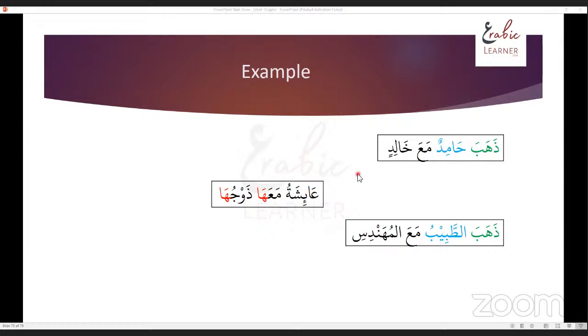Aishatu Ma'aha Zawjuha. Aisha. Sister Naida, where is 'went' coming here? Is there a sense of went here? And why is Faai'l coming here?